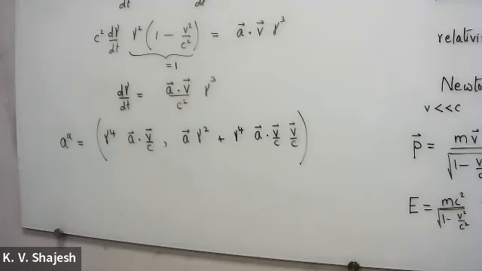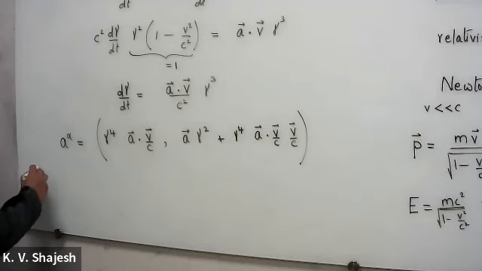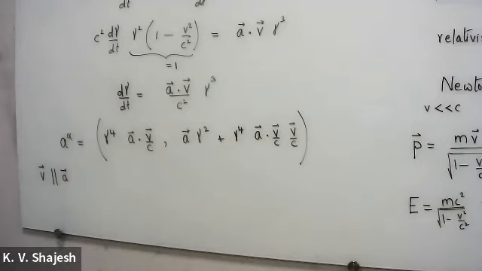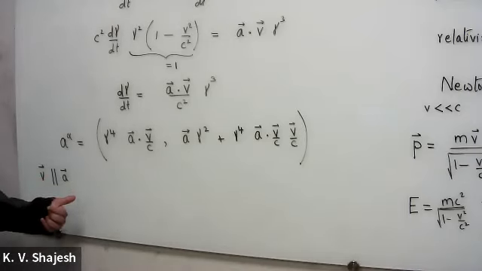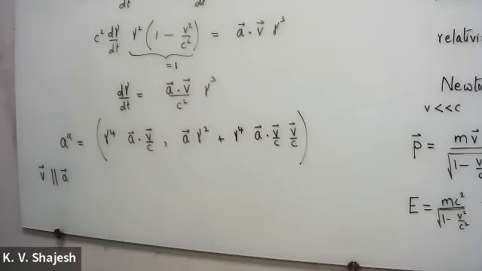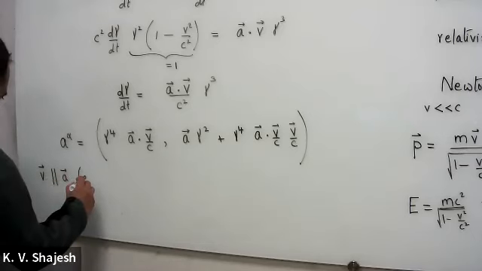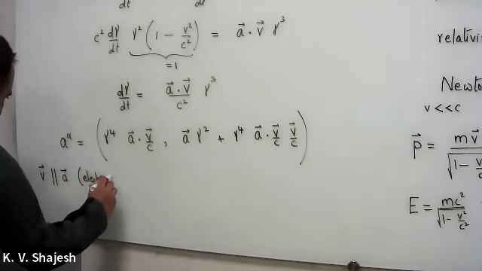There is one thing that comes out very nicely in here. If you have V and A to be parallel, which is what happens if you have an electric field, right? If you exert an electric field and things are moving starting from rest, then velocity is parallel to the acceleration. The electric field moves the charge from rest in its own direction. So that's like an electric field.